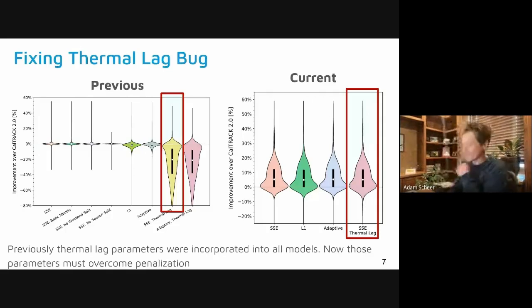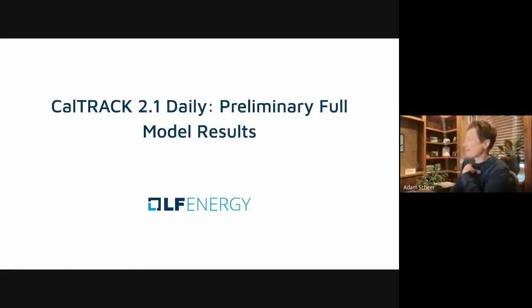So we wanted to spend a little bit of time and visit some of where we're at with the full model results at this point. Just to remind people, in the preliminary Caltrac 2.1 model, we have the ability for the model to split along weekends and weekdays, as well as split along seasons.